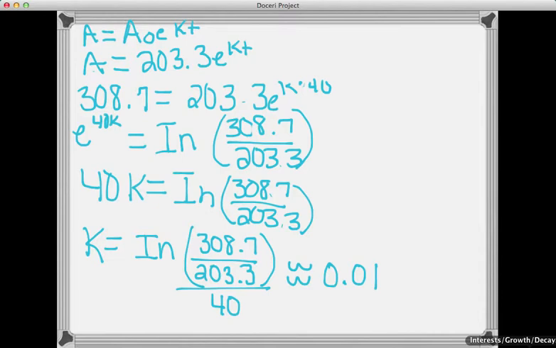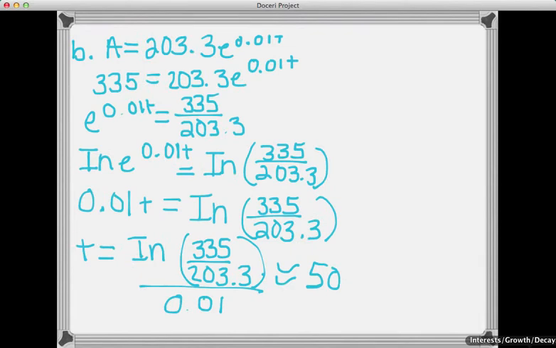Simplify the left side using ln(e^x) = x. Divide both sides by 40 and solve for k. Then use the calculator. Once you do that, you should get an answer of approximately 0.01.